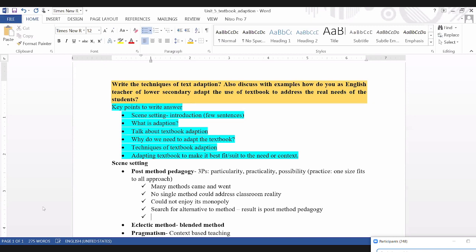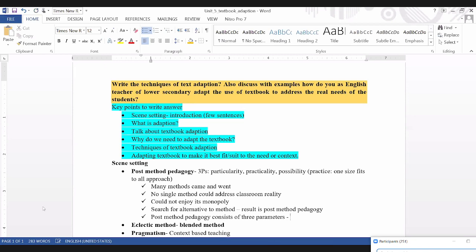And post method pedagogy consists of three parameters. अथवा यसलाई indicators भने पनि भयो, parameters भने पनि भयो होइन, principles भने पनि भयो.